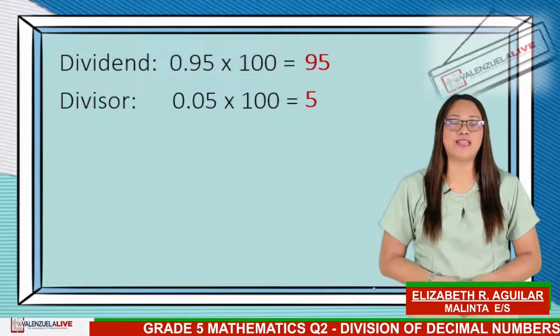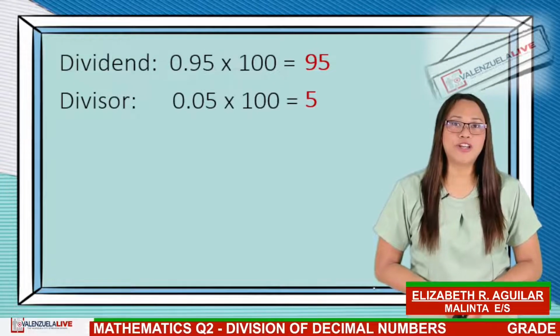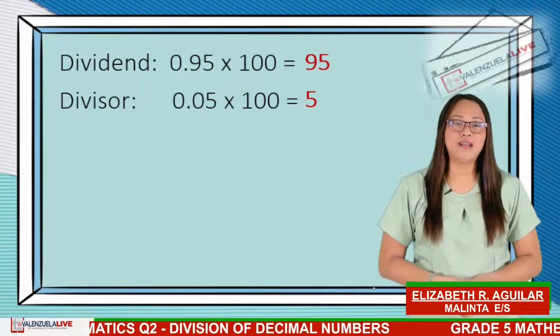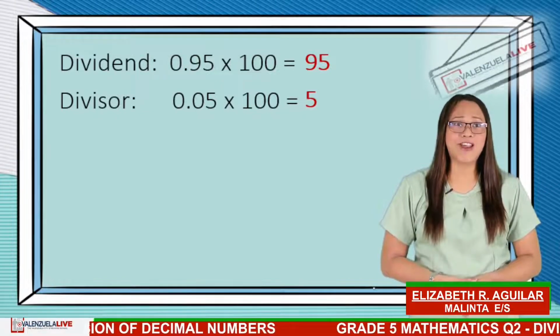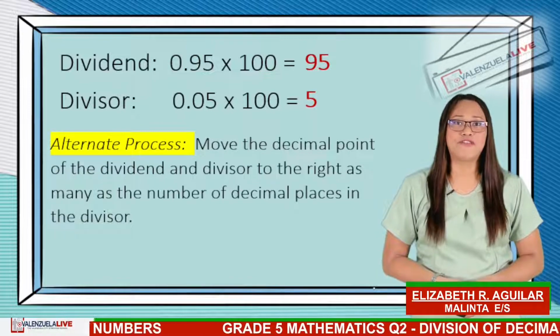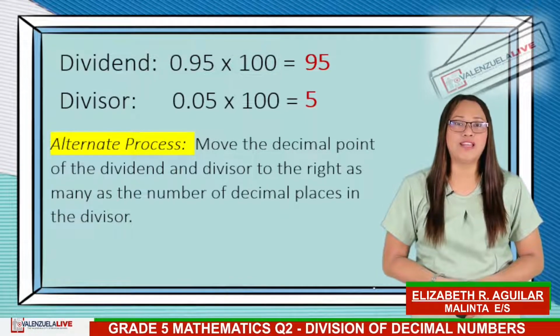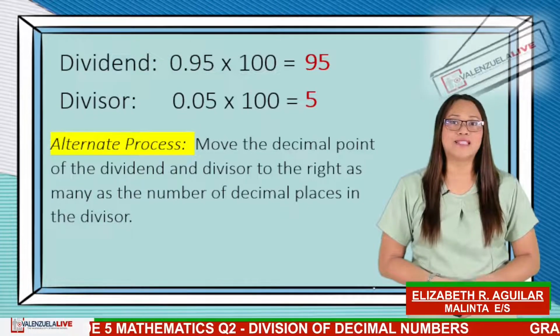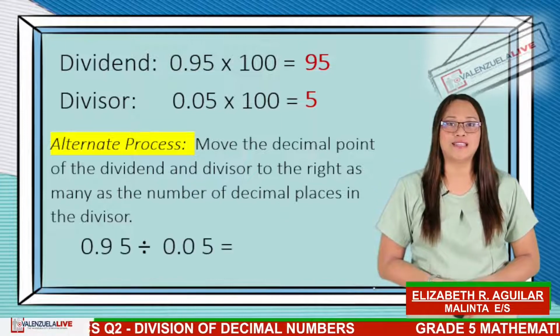So based from that example, how come our divisor and our dividend become a whole number? All right, great. So we have another way or alternate process for that. We will just move the decimal point of the dividend and divisor to the right as many as the number of decimal places in the divisor, just like this.